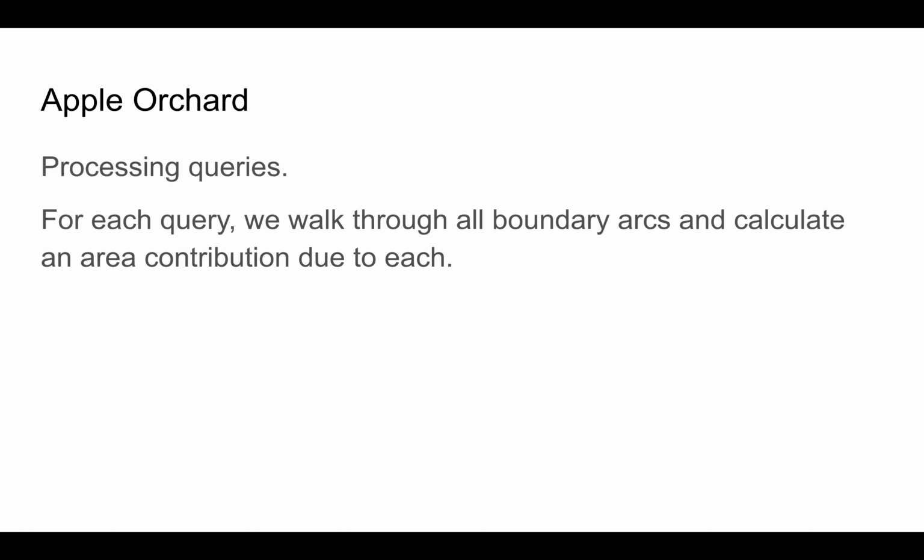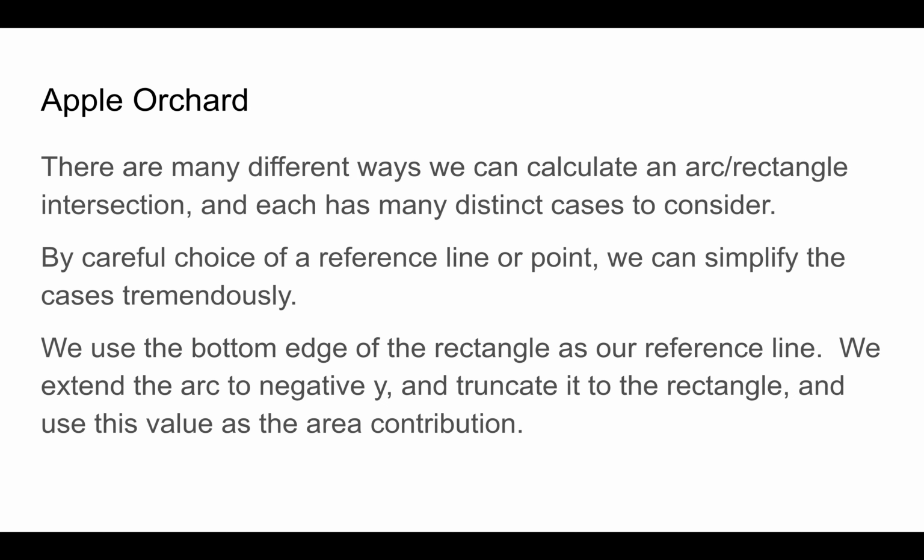So now how do we process queries? For each query, we simply walk through the boundary arcs in any order and calculate the area contribution due to each. How do we calculate the area contribution? Well, there's a lot of different ways to do this, and how you do it can really help you solve a particular problem effectively. In this case, we choose a reference line that is the base of the rectangle.